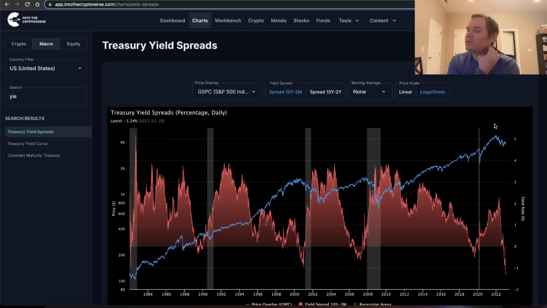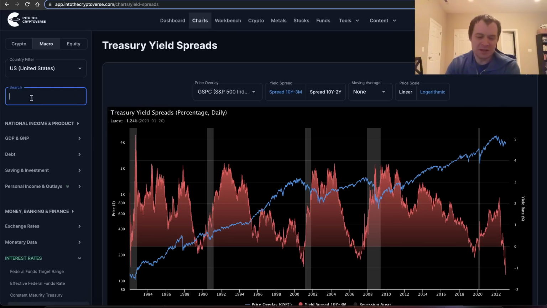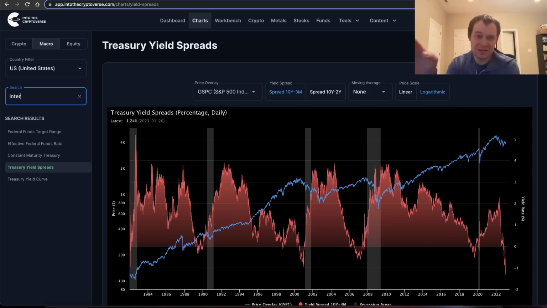Now, what is interesting about this time versus the other times, right? At the risk of saying something is different, and the sort of cliche that has become, one thing that I do think is at least worthwhile to point out is the interest rate hikes and the speed of them.